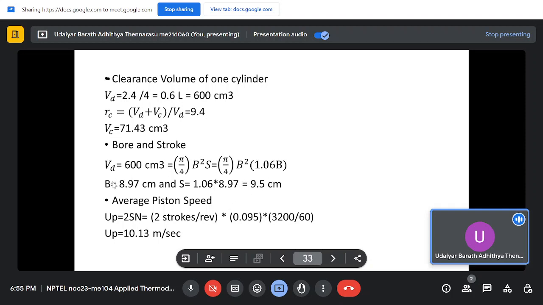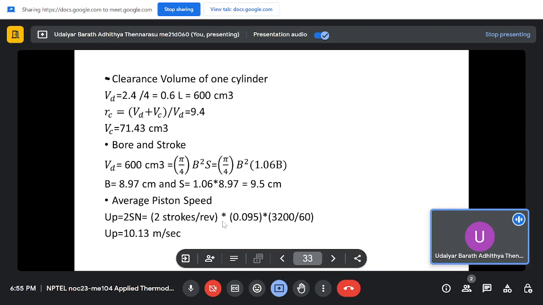So this is under square. And if you see, the next question is to find out the average piston speed. The average piston speed is given by 2 into S into N. It's 2 strokes per revolution, so 2 into 0.095, the stroke length, into N, the number of rotations.